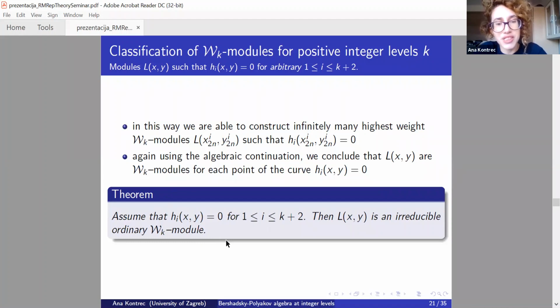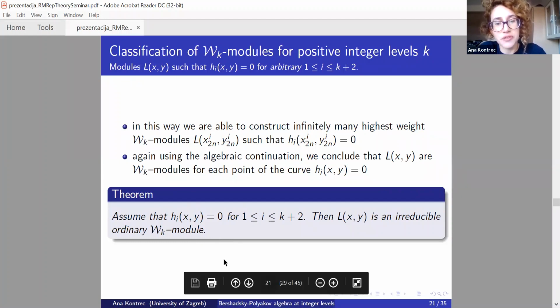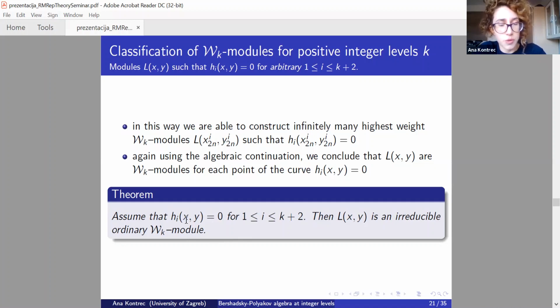So this is the idea of the proof, and we get that if hi of xy is equal to 0, then Lxy is in fact an irreducible ordinary WK module. So this was the other direction in the theorem, and in this way we were able to have a classification of WK modules for positive integer levels k.